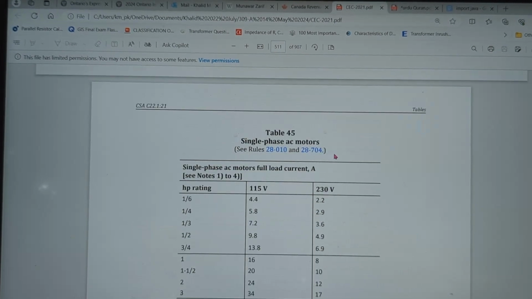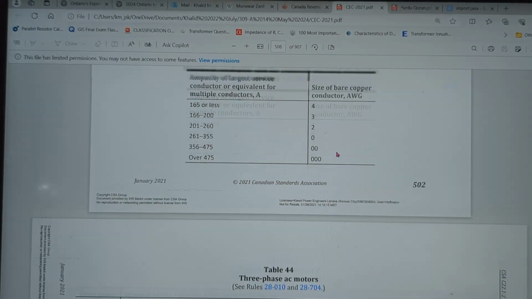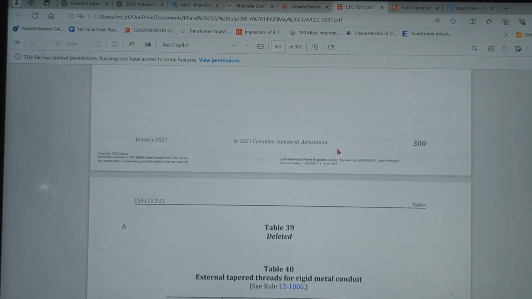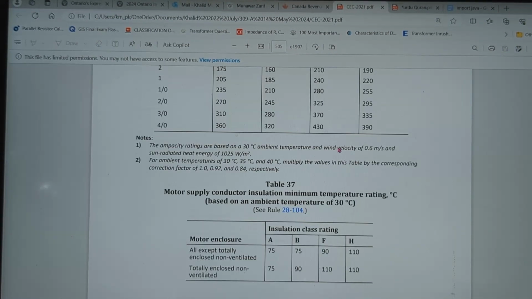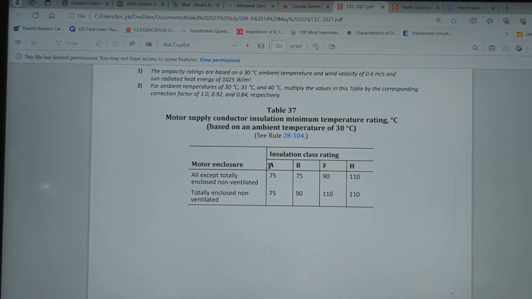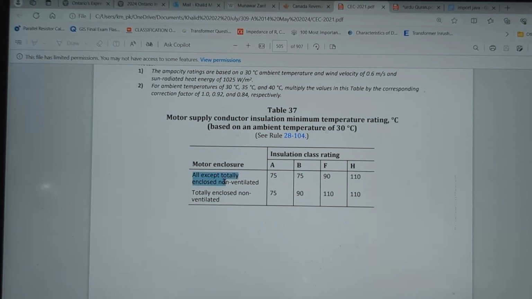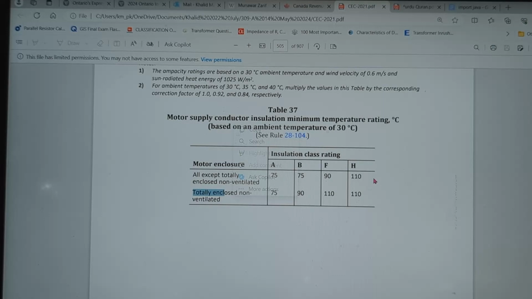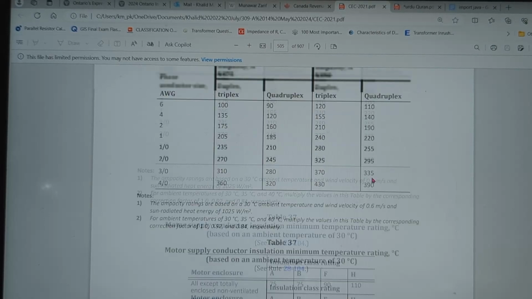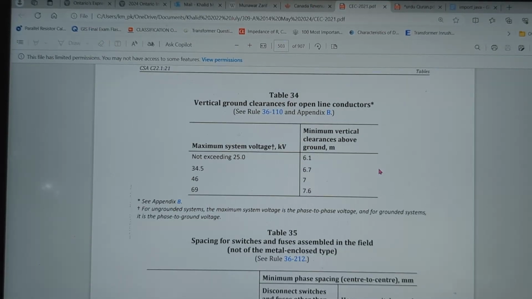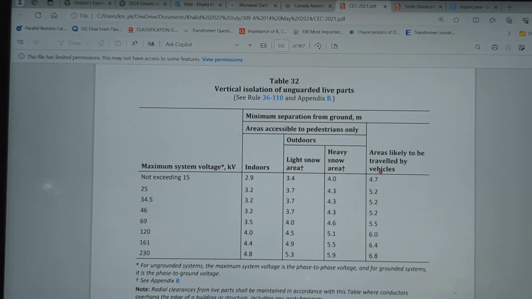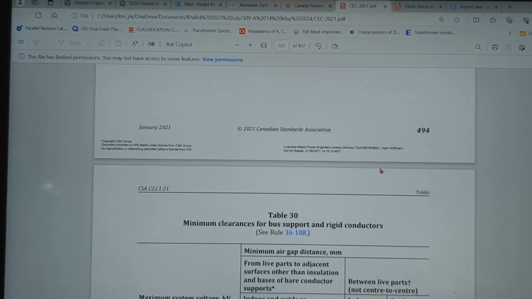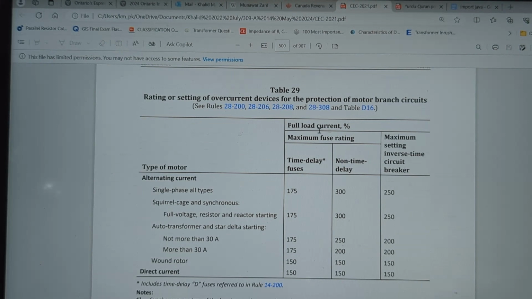So this is the table. Now there is another table for the motor insulation that I will show, table 37. So we have insulation type. This is important. All except totally enclosed non-ventilated, and this is totally enclosed non-ventilated. So just remember these values. Okay. Then the table we use, 29, is for overcurrent. This is the 29.